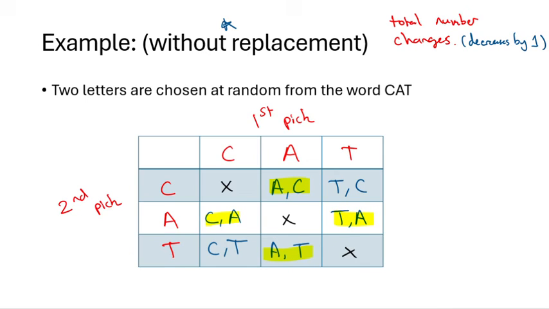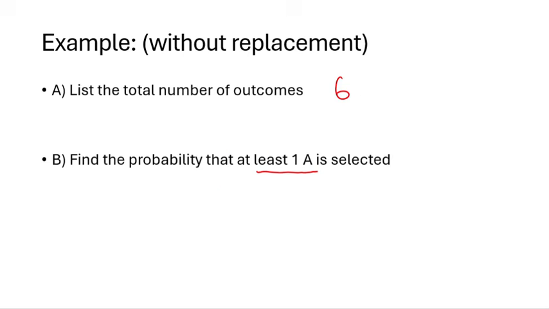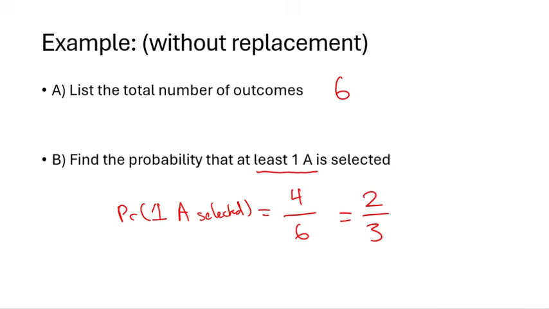So these four outcomes that I've highlighted have one A selected. I'll just say one A is selected. And then you'll just say something like this: the probability of one A selected is 4 out of 6. And then you can simplify this fraction down to 2/3.